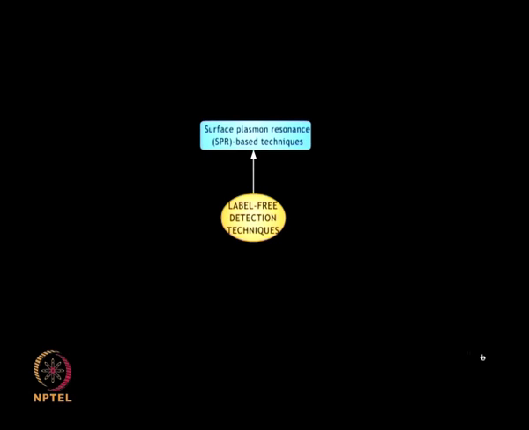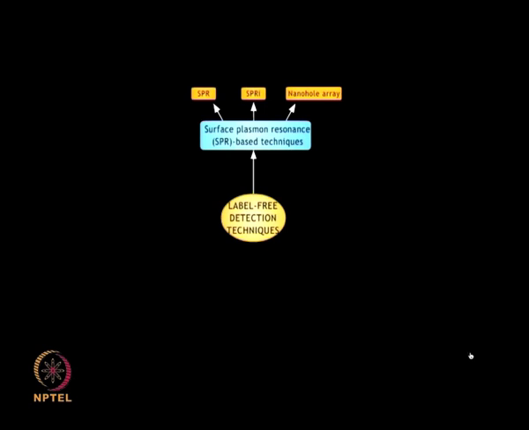So, let us first talk about surface plasmon resonance based techniques. First is SPR, surface plasmon resonance, which detects any change in refractive index of material at the interface between metal surface and the ambient medium. Second, SPRi or surface plasmon resonance imaging.